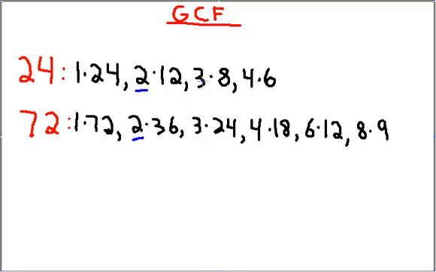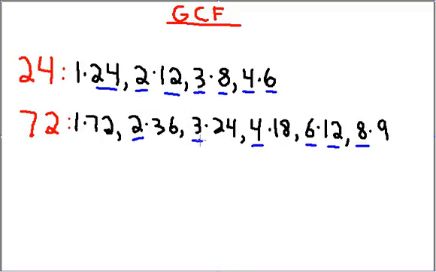Let's take a look at our next biggest one, 3. Well, 3 is a factor up there, and it's also a factor down here. 4 is a factor up here as well as down here. 6 is the next biggest number. That's also a common factor to both of these numbers. 8 is a common factor to both numbers. 12 is also a common factor to both numbers.